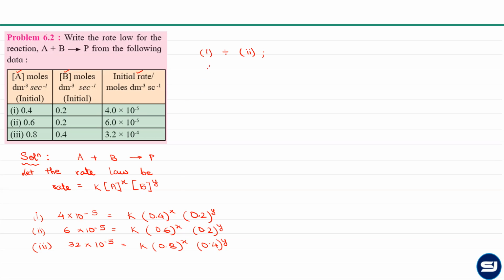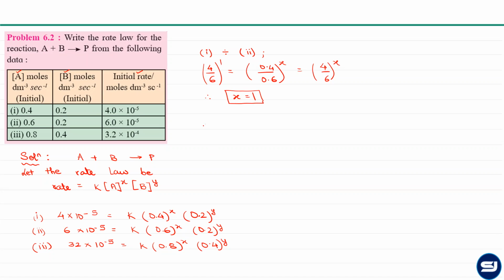So if I divide, I will get 4 upon 6 on the LHS, k gets cancelled, and 0.4 upon 0.6 the whole raised to x, which is equal to 4 by 6 the whole raised to x. Now equating the indices, 4 by 6 raised to 1 is equal to 4 by 6 raised to x. Therefore, the unknown x is equal to 1. Clear?